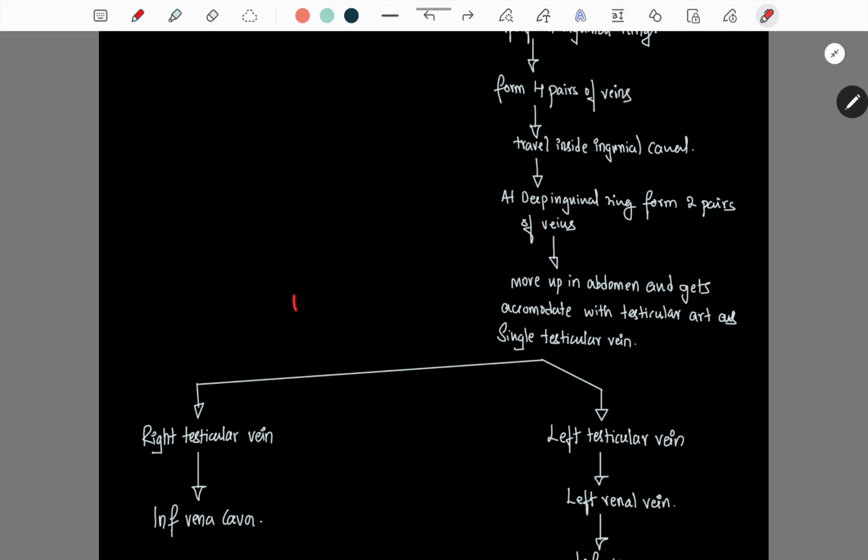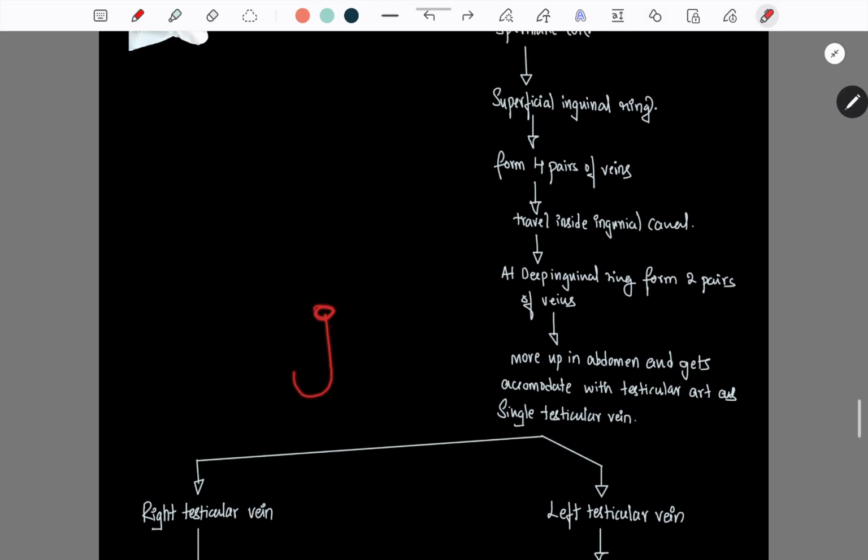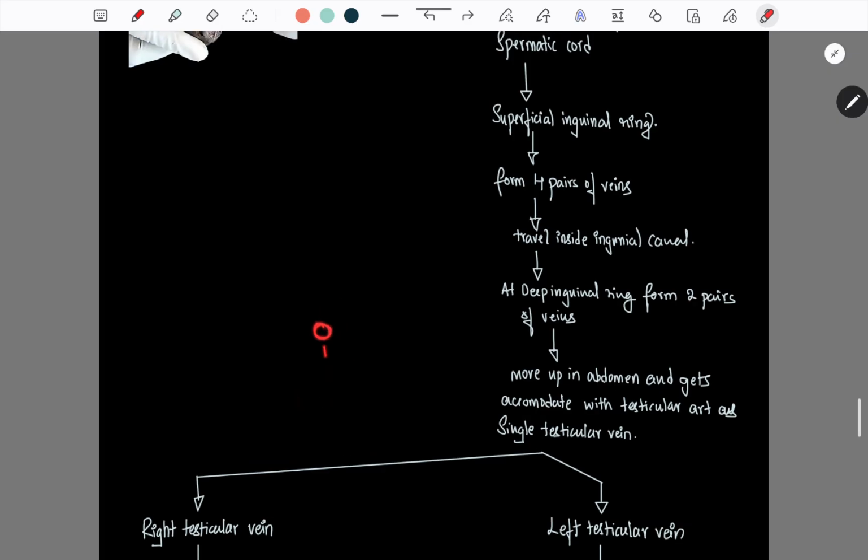Here in the testis, it moves upward and posteriorly to the superficial inguinal ring. Here 4 pairs will be there. It goes through the inguinal canal to the deep inguinal ring. Here they join, only 2 pairs will be there. This is one side, 2 pairs means other side, left and right.